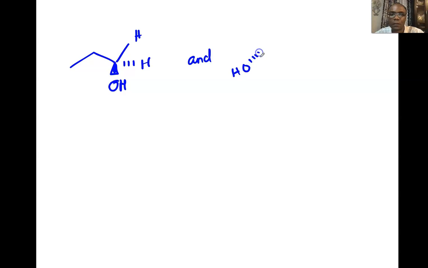So let's say you are given this molecule, and you're given how to modify it.